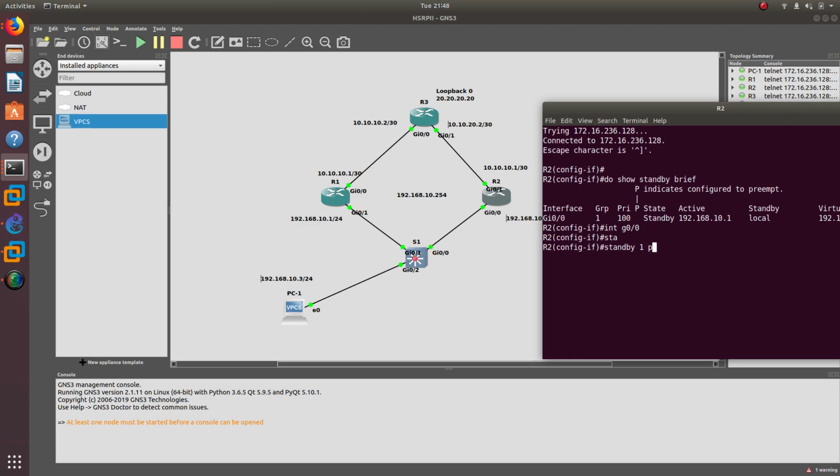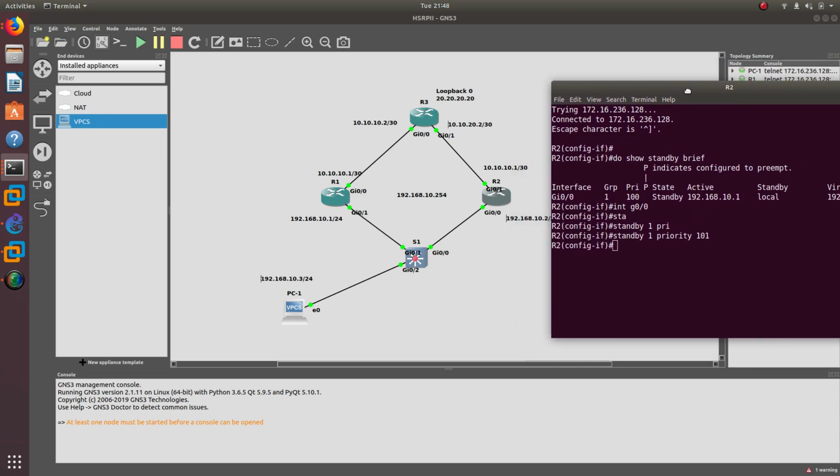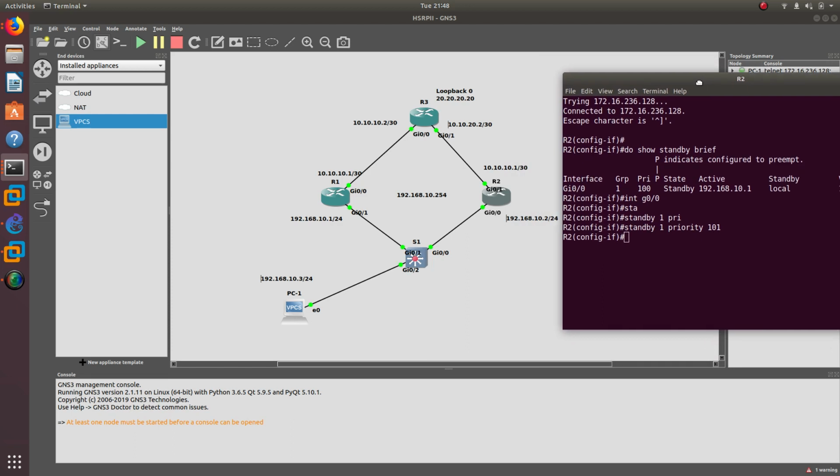Okay, and then we're going to give it a priority of 101. And let's see if router 2 becomes the active router now. Let's do show standby brief.